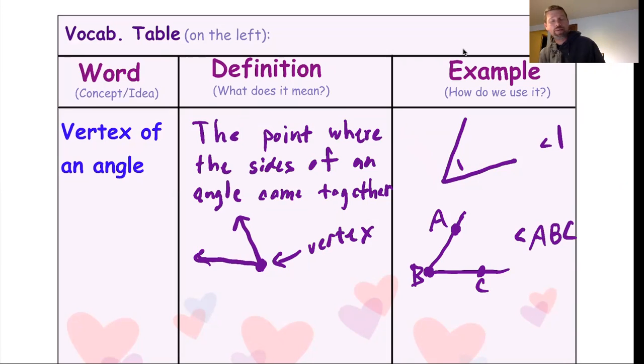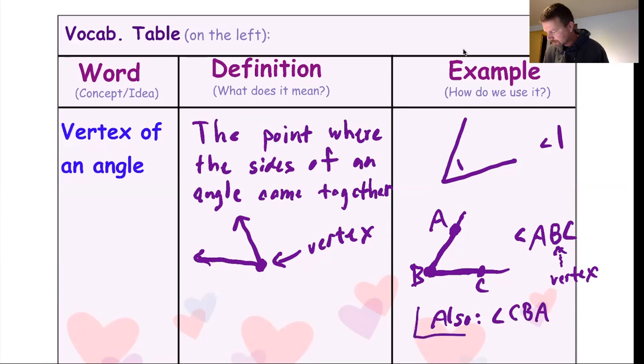If you name an angle by the points that are on it, that middle point always has to be the vertex of the angle. So A to B to C, where that B is right in the middle. I could have also named it angle CBA, because that B is still in the center.